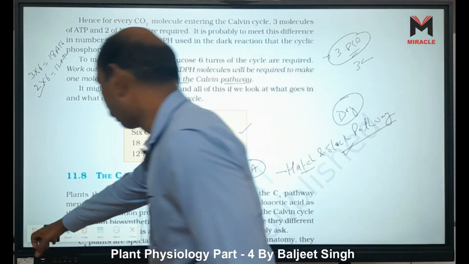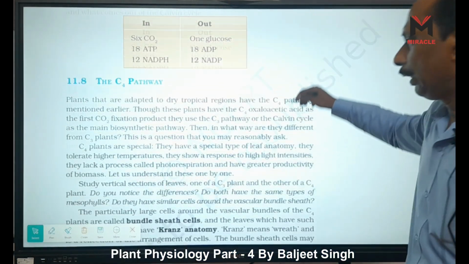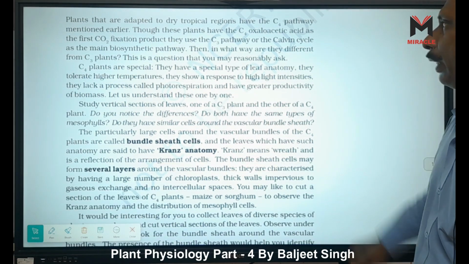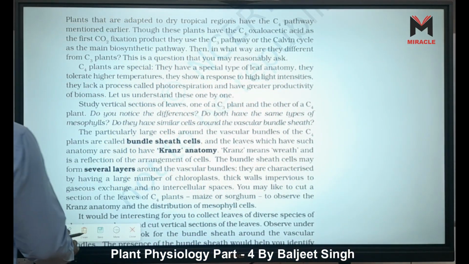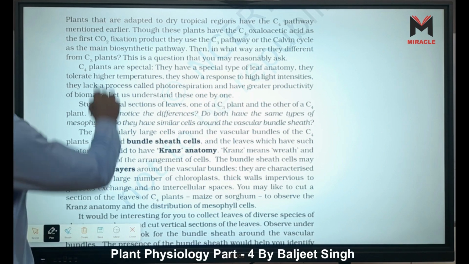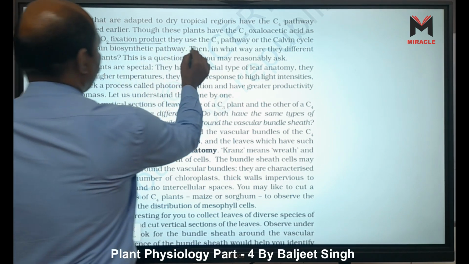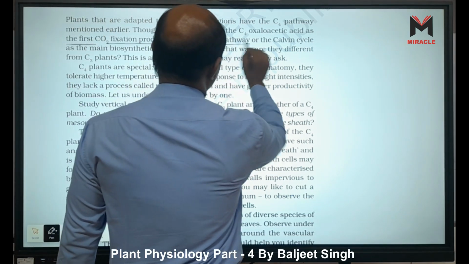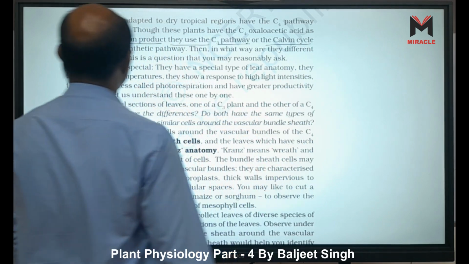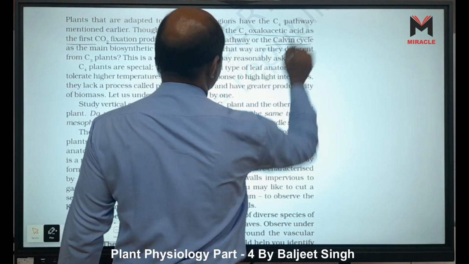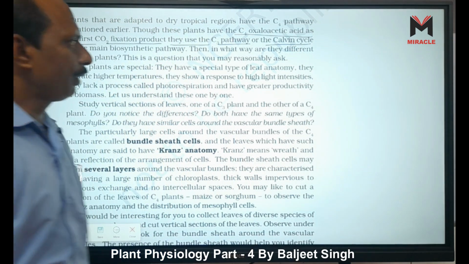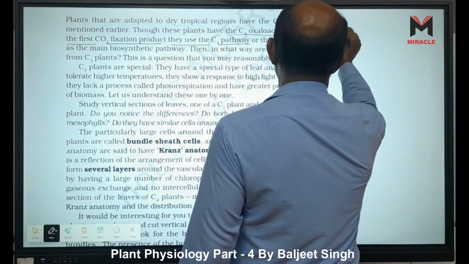Though these plants have C4, that is oxaloacetic acid, as the first stable product, the first CO2 fixation product, they use the C3 pathway, or Calvin cycle. Look here, these plants have C4 oxaloacetic acid as the stable first product.